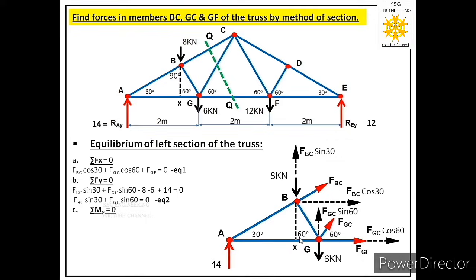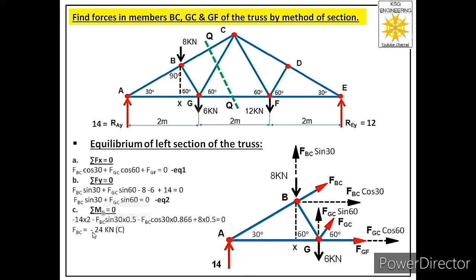We have calculated it in previous steps. So equation will be minus 14 into 2 minus FBC sine 30 into 0.5 minus FBC cos 30 into 0.866 plus 8 into 0.5 equal to 0. So from here we will get value of FBC as minus 24 kilonewton.